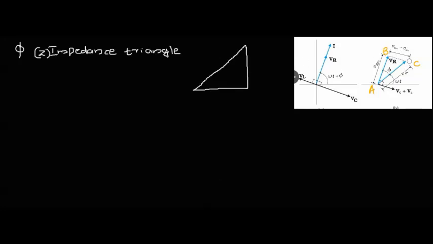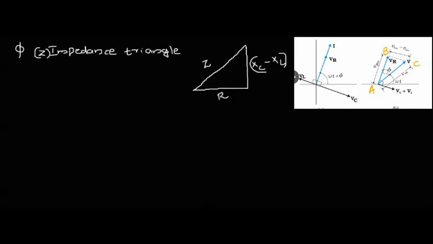So similar to this triangle, where the hypotenuse forms the total voltage, here also the hypotenuse forms the total resistance. One side will be the resistance and the other side will be the reactance difference, that is XC minus XL, just like this triangle.